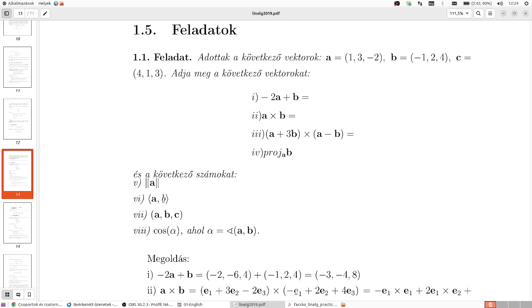This is 1, 10, 4, 13, yes. 4, okay, that's it. No, 40. And we just have the vector.